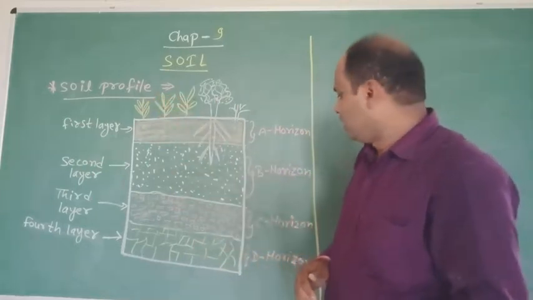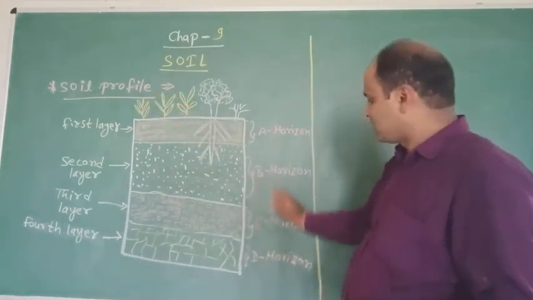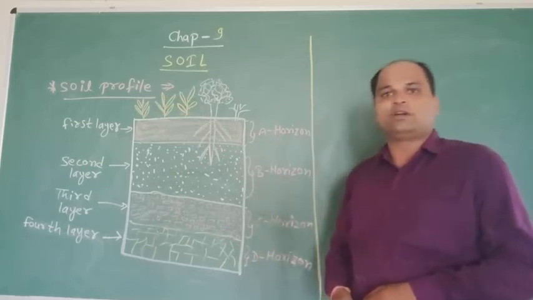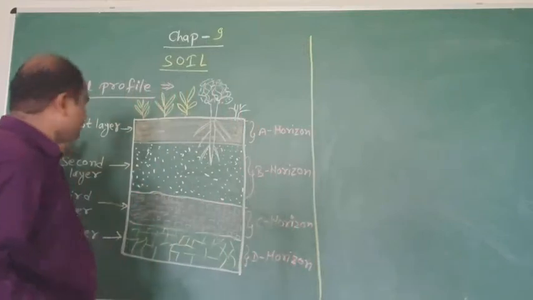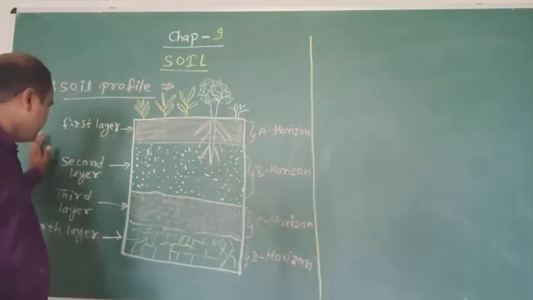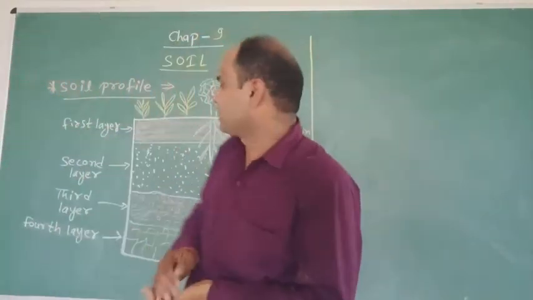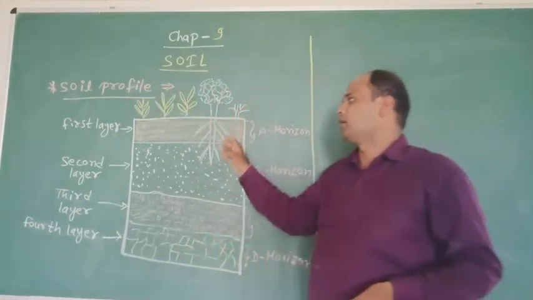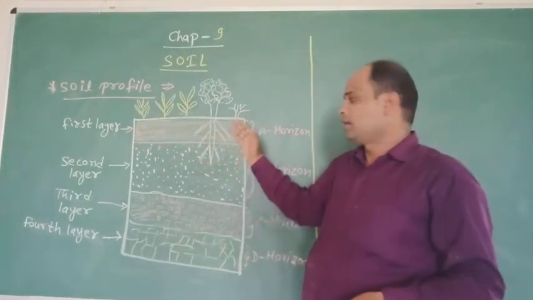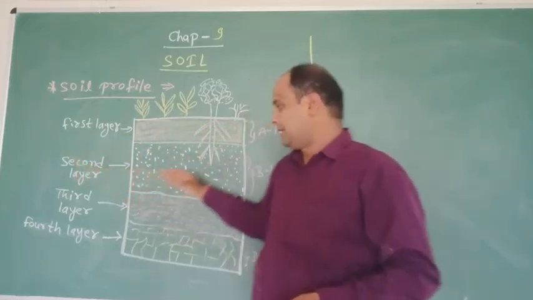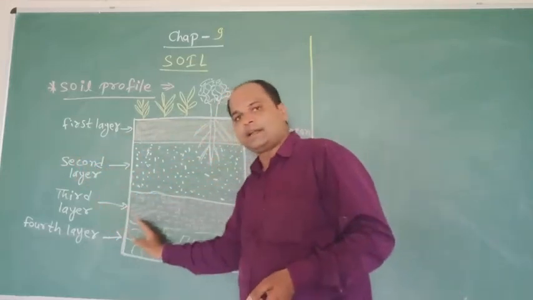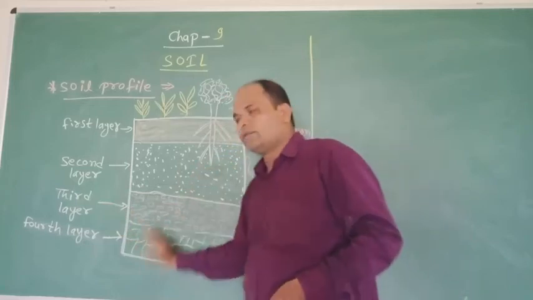You can see one picture on the green board of your class. In this picture we observe that there are four layers. The upper layer is called the first layer, below it is the second layer, below that the third layer, and below that the fourth layer.